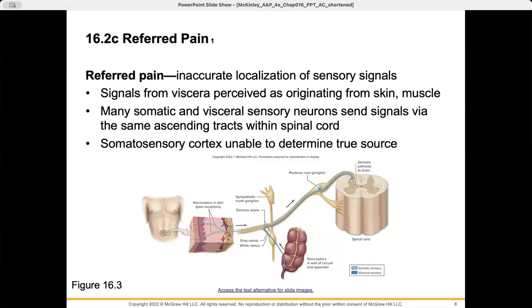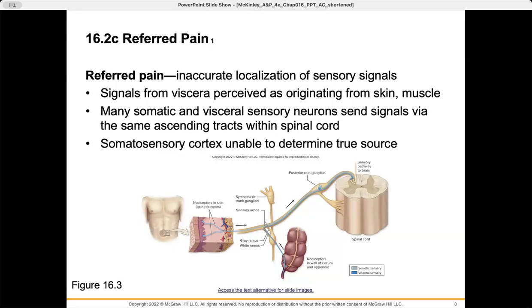When someone is having a heart attack, they may experience pain in the heart, okay, where the source of the issue is. But more often than not, what we see is that there is pain undulating on the left side of the body, right? The left neck, the left face, the left arm, the left hand, where we have this referred pain. This is feeling pain in a different part of the body, but the source is an internal organ. That's what we're looking at here.